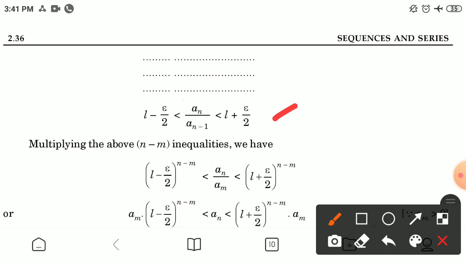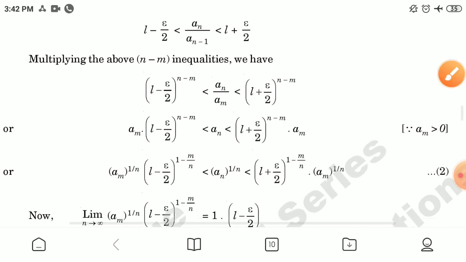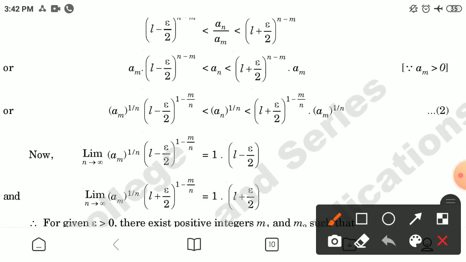Multiplying the above n-m inequalities, we have the result (L - epsilon/2)^(n-m) less than An/Am, which is less than (L + epsilon/2)^(n-m). Now cross multiplying by Am on both sides, we have this one, marking this as number 2.